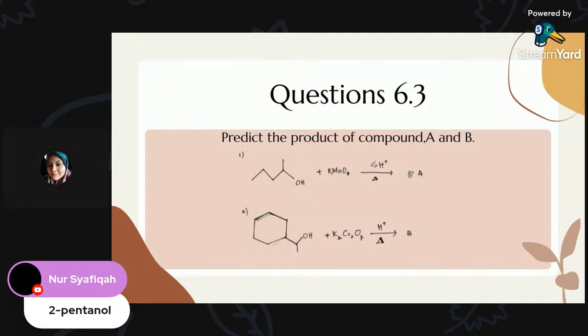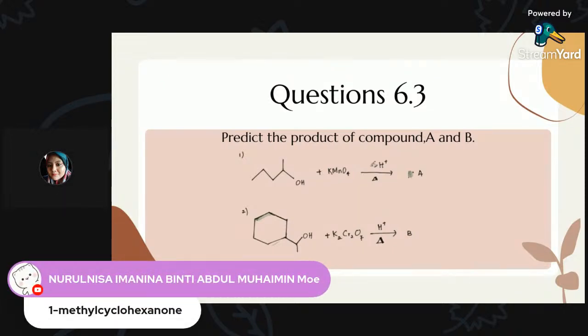Apa nama? Ini dah ganti dengan double bond O. You akan dapat 1, 2. Okey, 2. 1 methyl cyclo. Okey. Ini Amanina cuba 1 methyl cyclohexanon.